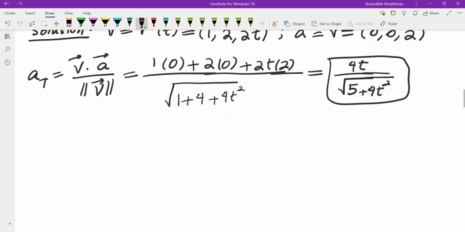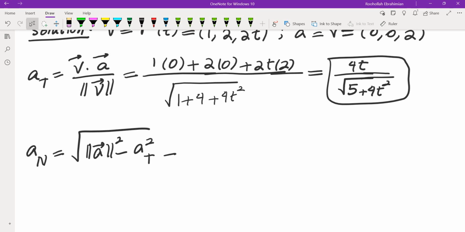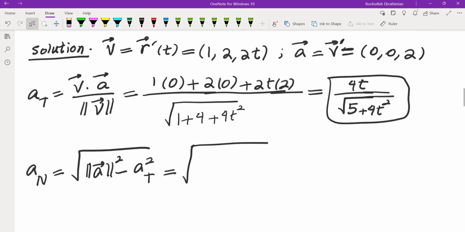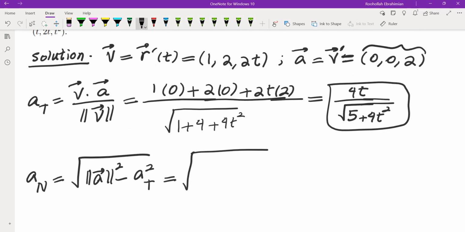A sub n is evaluated by the square root of the magnitude of a squared minus a sub t squared. The magnitude of a squared is the magnitude of this squared, which is 4, minus a sub t squared, which is 16t squared over 5 plus 4t squared. And we can simplify this.